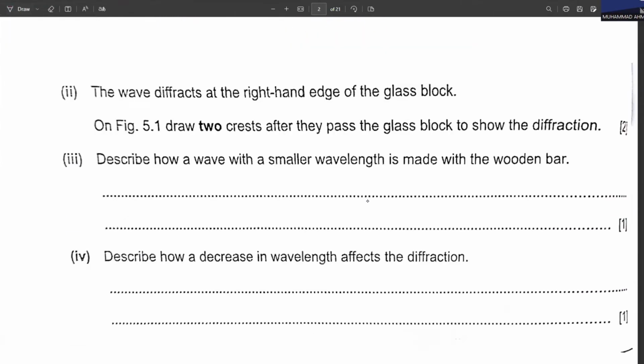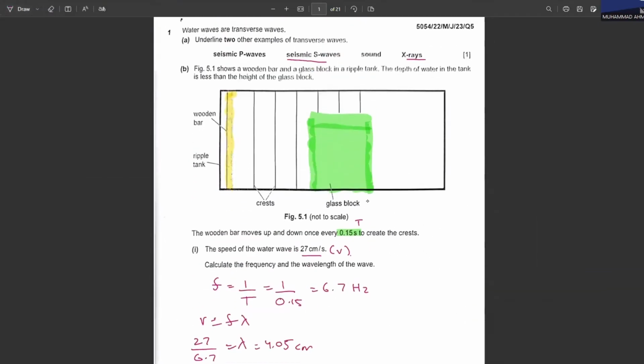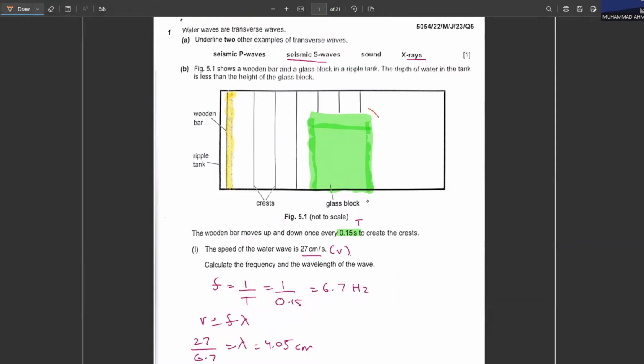Let's further move ahead. The wave diffracts at the right hand edge of the glass block. On figure 5.1, draw two crests after they pass the glass block to show the diffraction. Okay, so we have to draw two crests here. How can we draw two crests here? The waves are diffracting around an edge.